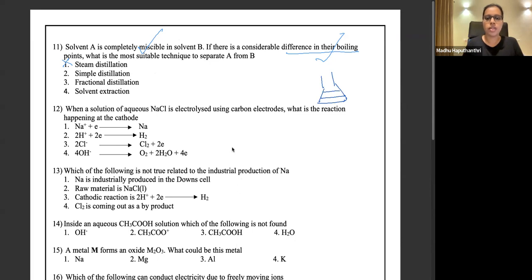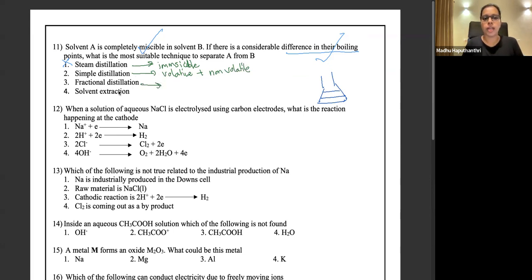So notice those things. Steam distillation goes with immiscible compounds. Simple distillation, you have to have one volatile compound plus one non-volatile compound.